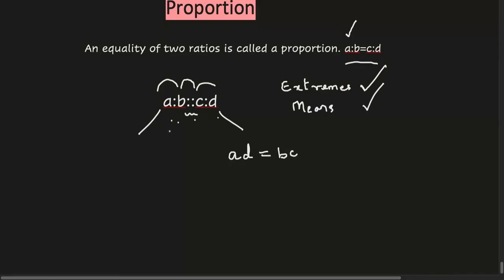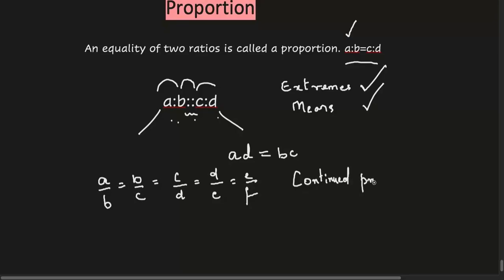One more property is continued proportion. Say A, B, C, D, E, F are in continued proportion if A by B equals B by C equals C by D equals D by E equals E by F. So A, B, C, D, E, F are in continued proportion.